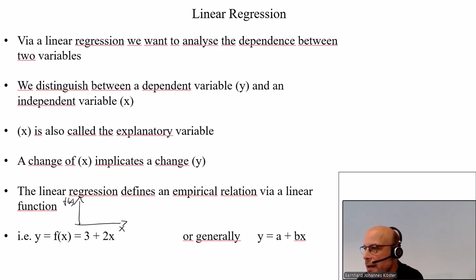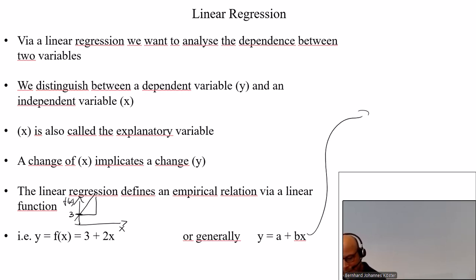What is the 3 and what is the 2? Yes, the vertical axis. So we start at 0, at 3. Yes, the 2 is a slope. So going one step to the right means I have to go 2 steps in the vertical direction. So then maybe this line looks like this.